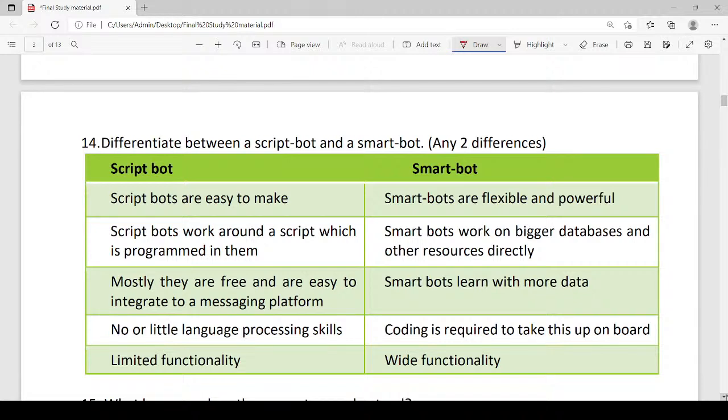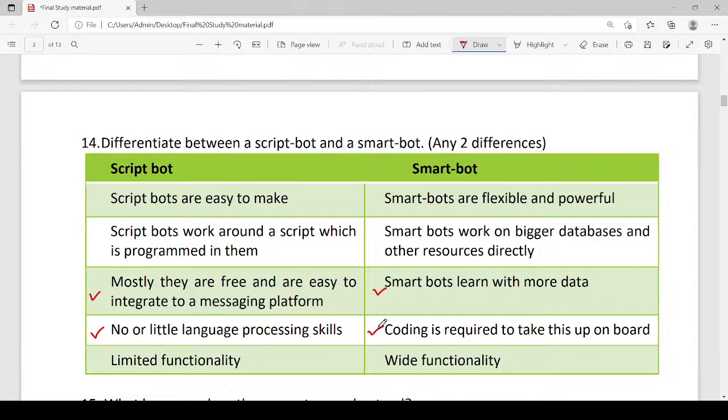Most of the time, these script bots are free and easy to integrate in any messaging platform, right? Whereas your smart bot needs a lot of data and they start learning and improve themselves with lots and lots of data. For a script bot, you need very little or in fact no language processing skills.